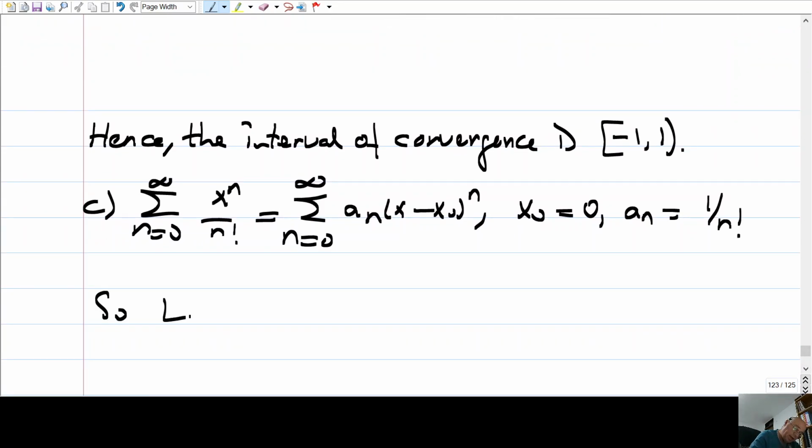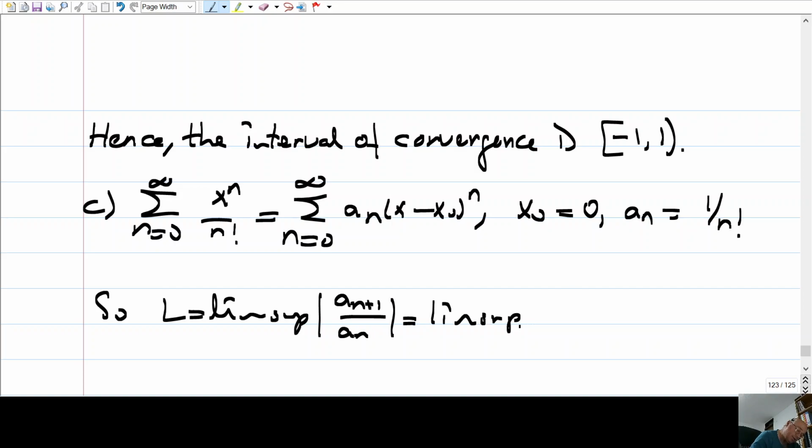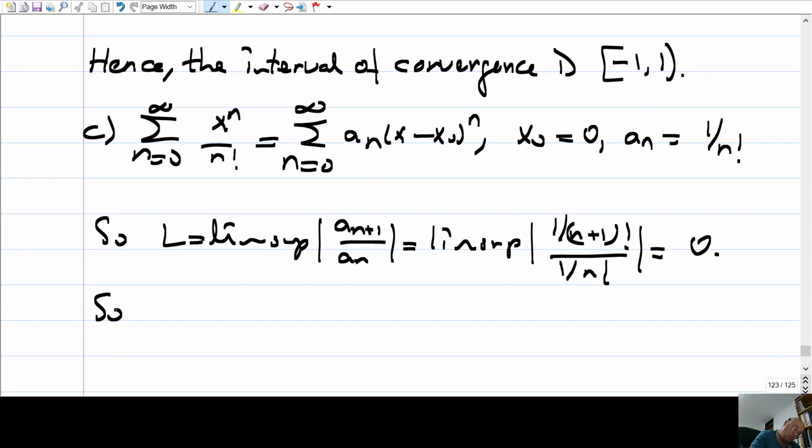So L, which is lim sup of a(n+1) over a(n), well, if you plug this, you will get 1 over (n+1) factorial divided by 1 over n factorial. This is just limit of 1 over n, and that is 0. So L is 0, and r is 1 over 0 basically, so it is infinite.